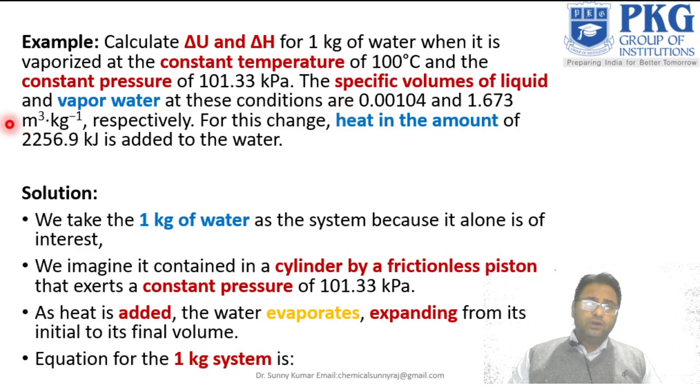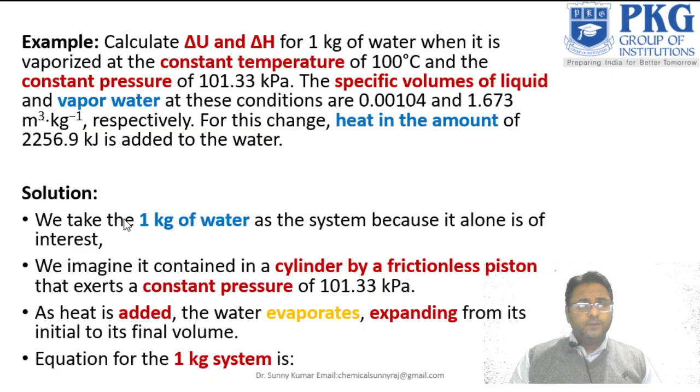The specific volumes of the liquid and the vapor water at these conditions are 0.00104 and 1.673 meter cube per kilogram respectively. For this change, heat in the amount of 2256.9 kilojoule is added to the water.